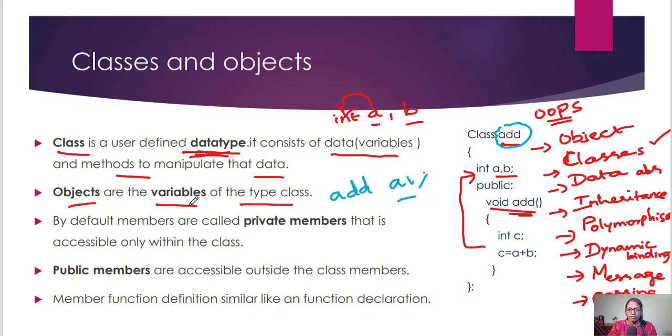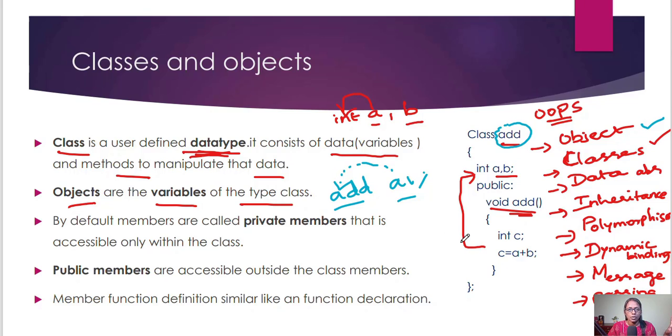Objects are the variables of the type class. So this is the variable for this class, and a1's type will be based on add. So a1 will manipulate this a, b and add. That's it. Objects are the variables of the type class. Okay, so object is clear.